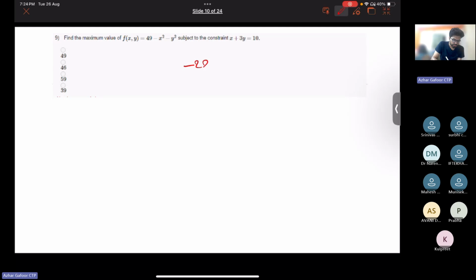That will be minus 2x equal to minus lambda, and minus 2y is equal to minus 3 lambda.